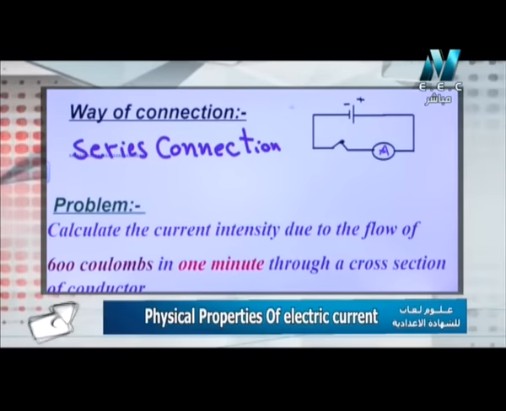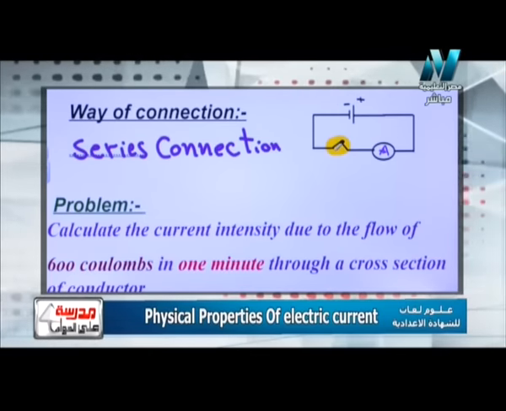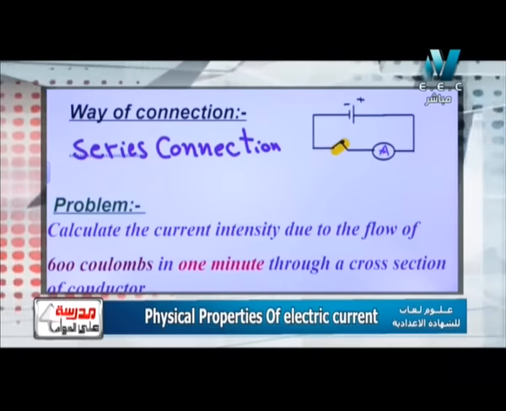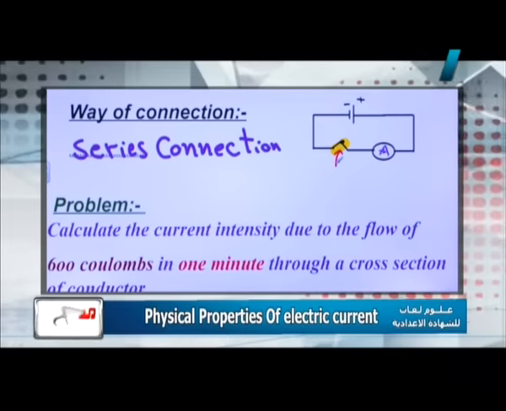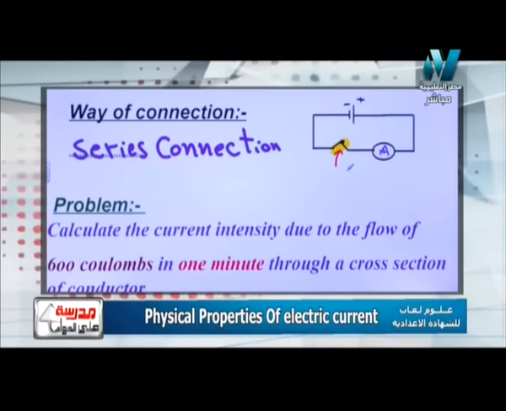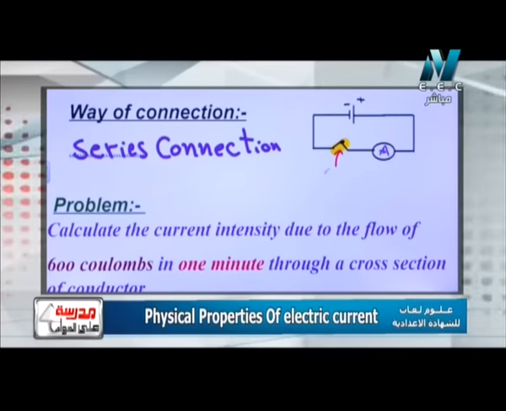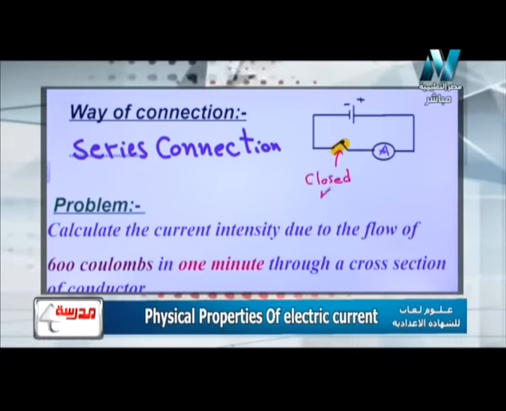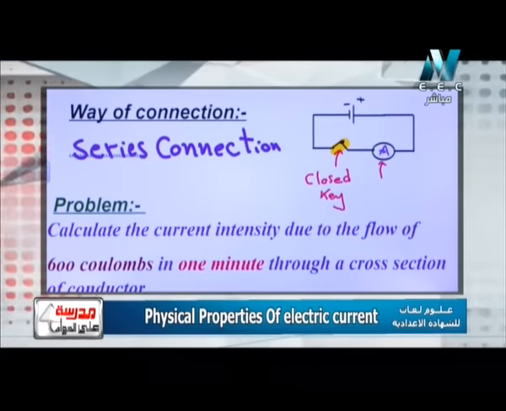As you see, we have here what? Pay attention. We have a closed circuit. Of course, if we open the switch we have no electric current. If I open here, it means no road, there is no path. It doesn't mean open as in turn on. Pay attention, there is a difference between the words turn on and open. Here of course this is a closed key. Here we have what? Here we have an ammeter.